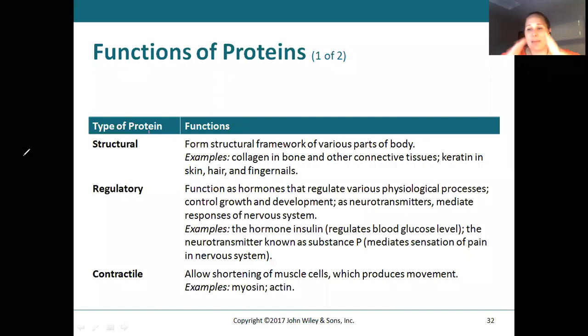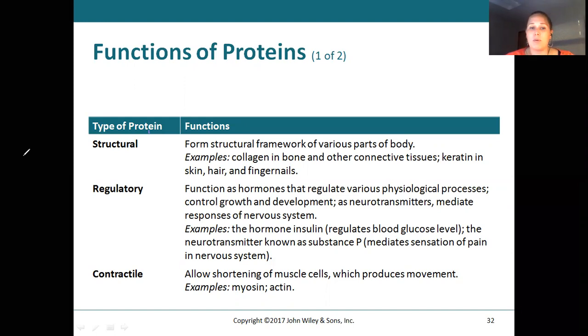They provide structure within the cell, but also within different tissues within the body. If we talk about collagen in bone and other connective tissues, keratin in skin, hair and fingernails, those are proteins that give both our body and our individual cells structure and hold everything in place in order for those cellular functions to take place.